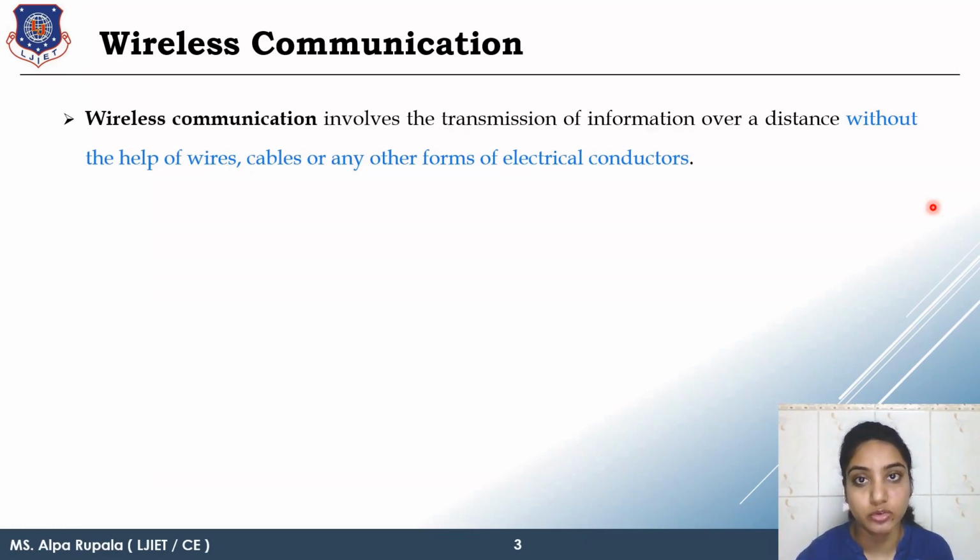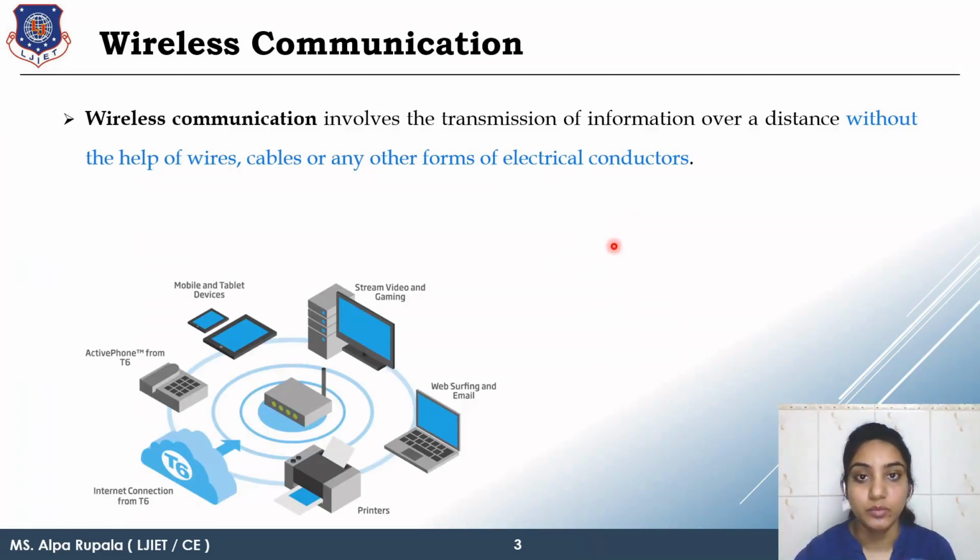It could be wires, cables, or any form of conductors. But wireless communication means we are transferring data from one place to another without any physical medium. So if we are not having any physical medium, how can the data be carried? It can be carried in the form of electromagnetic waves, which are called signals.